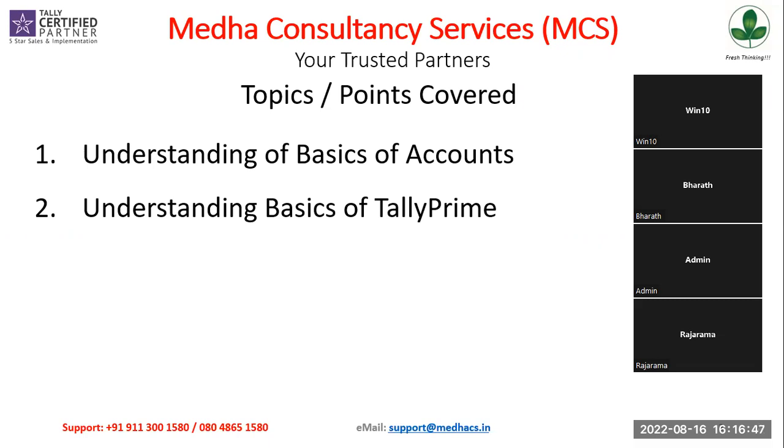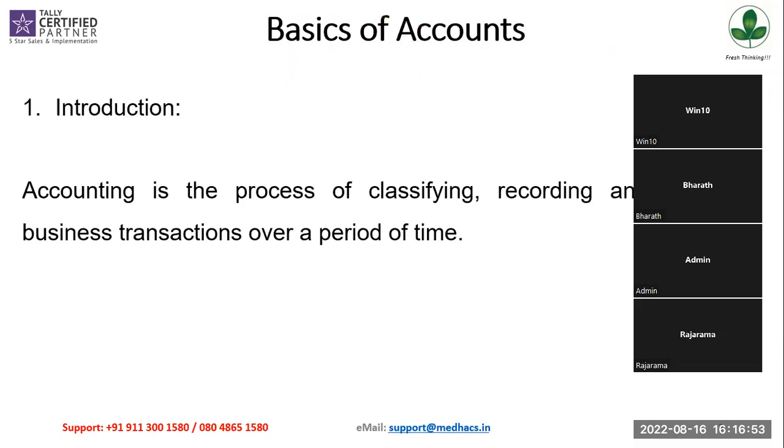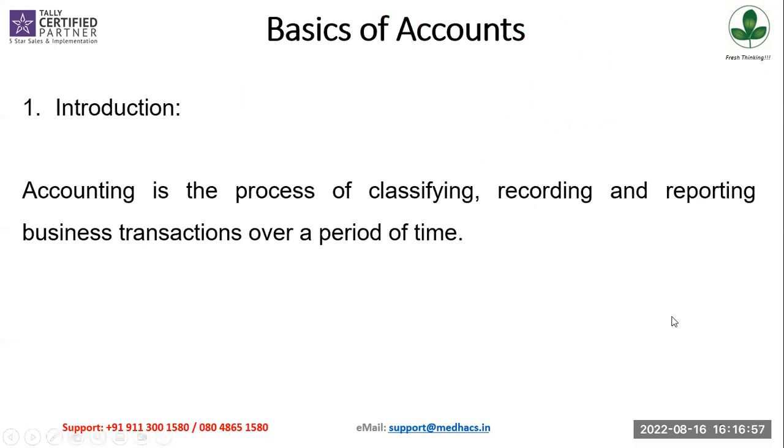So let us go and try to understand the basic concepts of accounting. We have given you the basics to understand what we want to look at when we say accounting. What is an accountant basically doing?